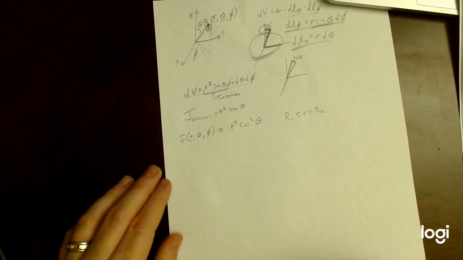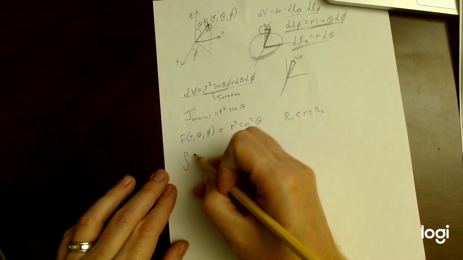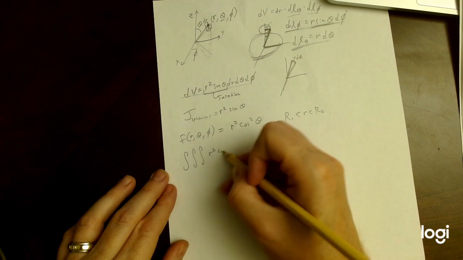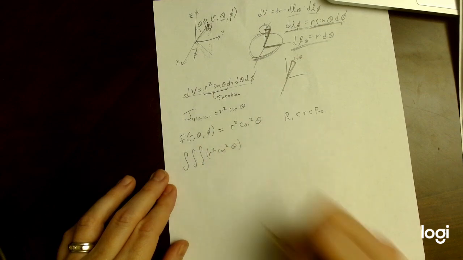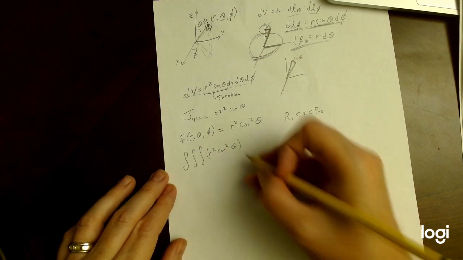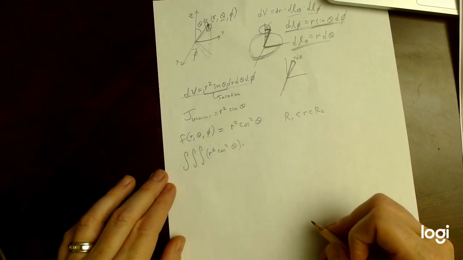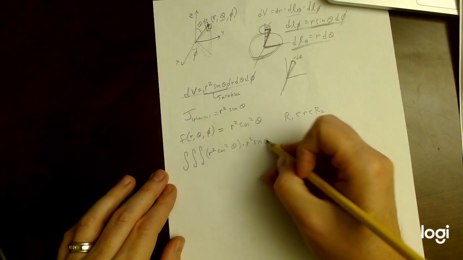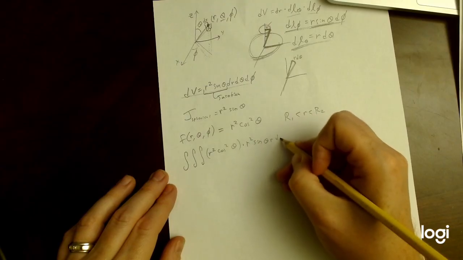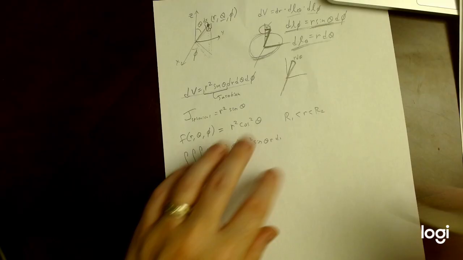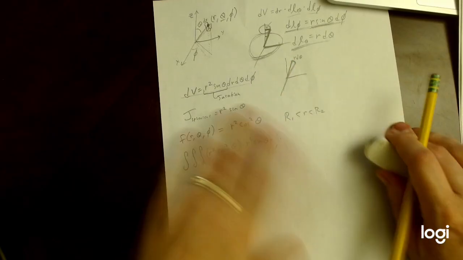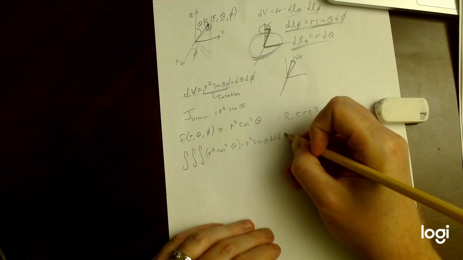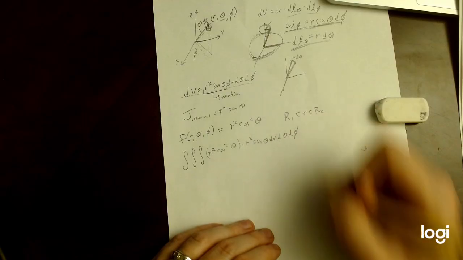So to do that, let's integrate. This is going to be a triple integral of our function, which is r squared cosine squared theta. And I need to then multiply this by my volume element, which includes that Jacobian. So we're going to have an r squared sine theta dr d theta d phi.